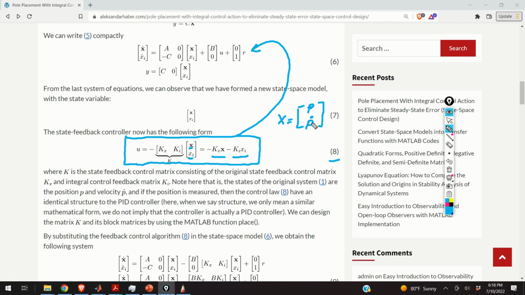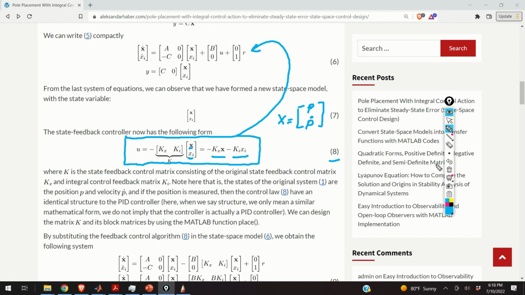Because we have the position, the velocity, and then an integral of the error. You can expand all these terms and see that the structure becomes similar to a PID controller, not exactly a PID controller, but similar, since we have an integral action.